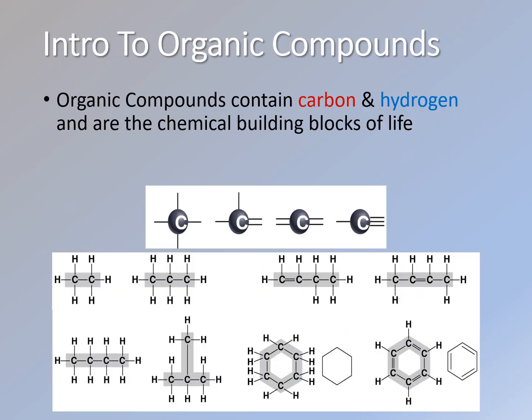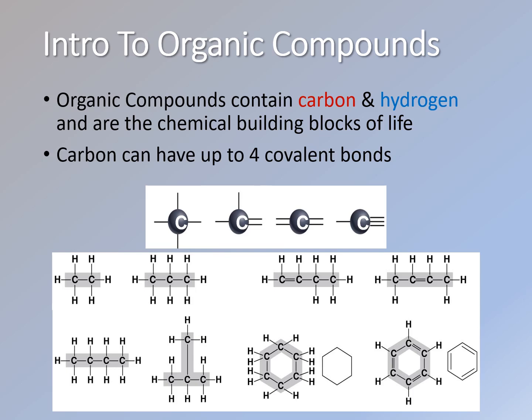So what are organic compounds? If we remember last week when we were talking about the different elements, we had some elements that make up all life, right? Carbon and hydrogen are two of those elements that are in all of life. Organic compounds have to contain carbon and hydrogen, and they're really the building blocks of life.